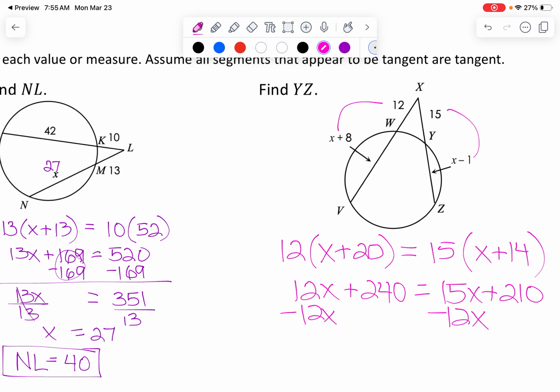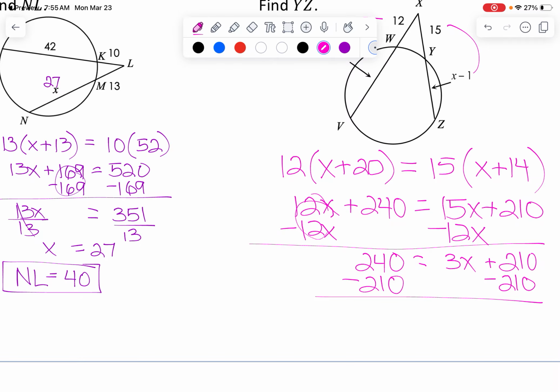Okay. And then I'm going to subtract 210. We get 30 equals 3x. So divide by 3, and that's 10.